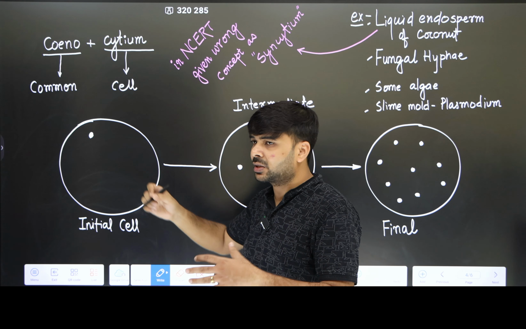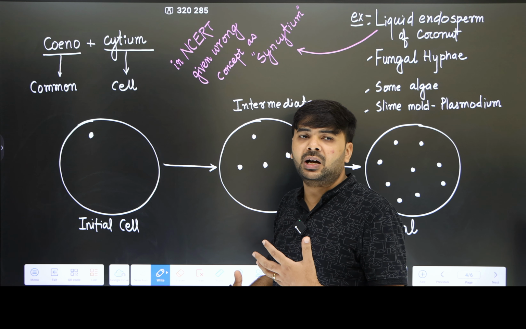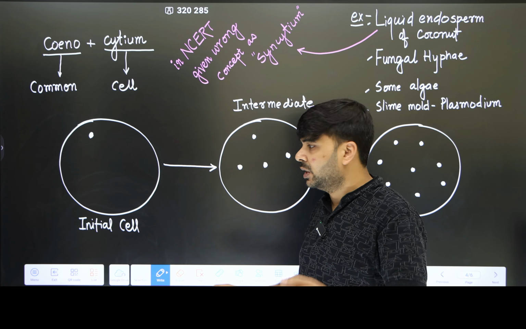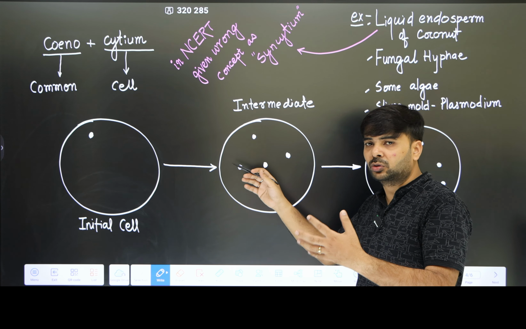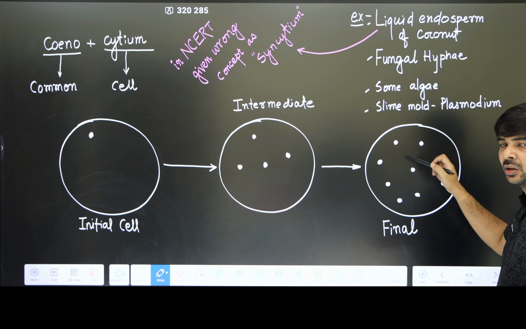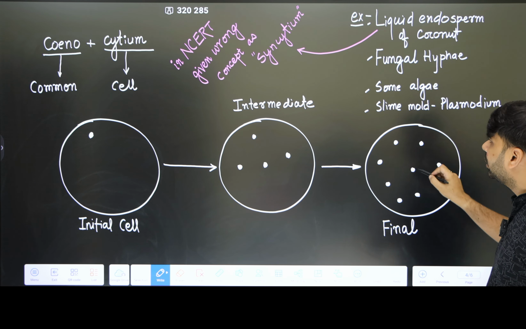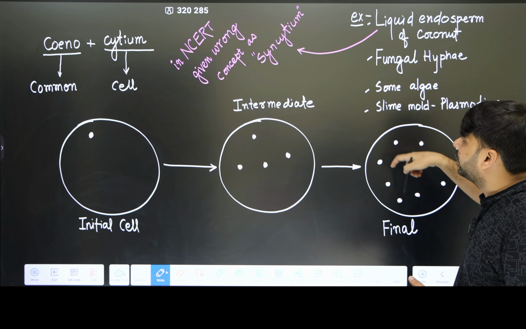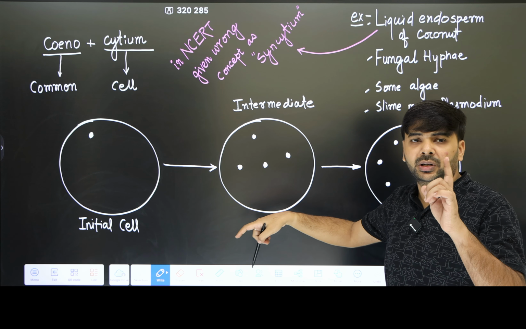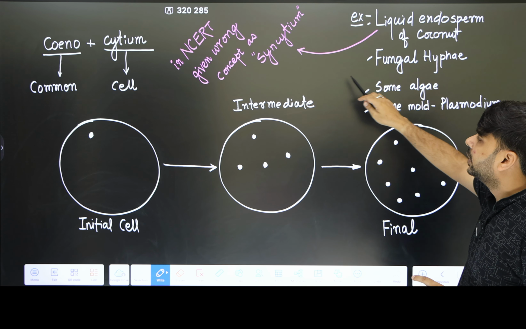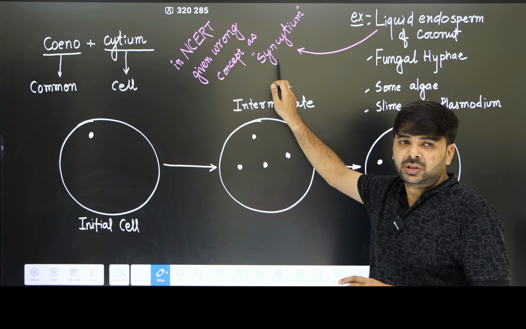The single nucleus undergoes multiple rounds of karyokinesis: 1 to 2, 2 to 4, 4 to 8. Like this, many nuclei are present, and the condition is called coenocytium. Yes, this is an example of coenocytium, but in NCERT the liquid endosperm of coconut is written as syncytium.